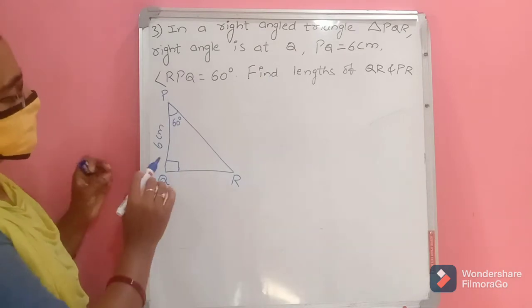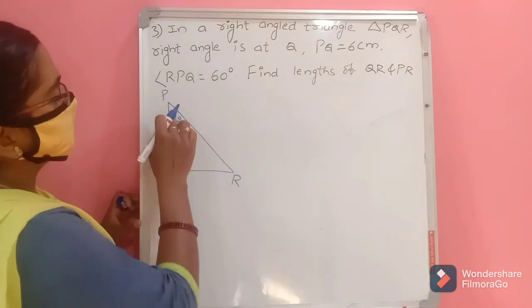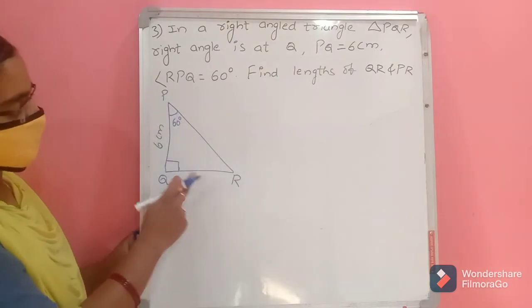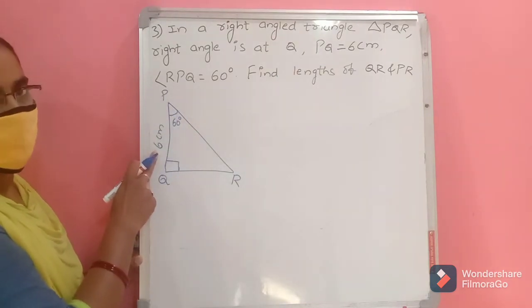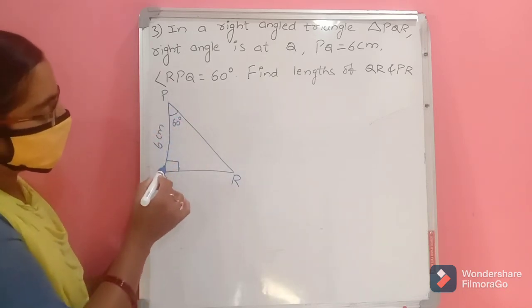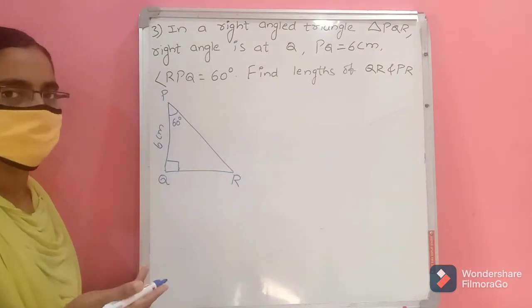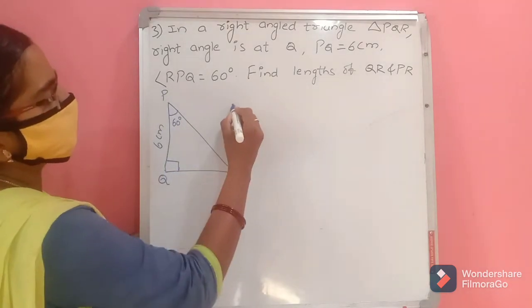So when you know this angle, for this angle this is the opposite side and this is the adjacent side, so we can write tan. Otherwise, this is the adjacent side and this is the hypotenuse, then you can write cos. So I am writing here tan.